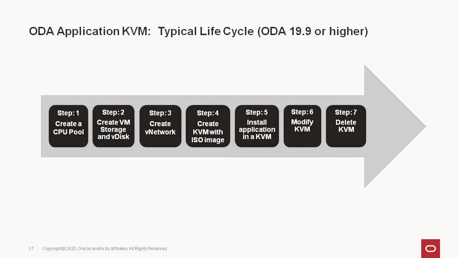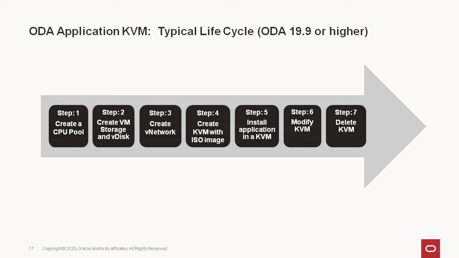Step 2 is you create a virtual storage, including virtual disks, for your application KVM. And then step 3, you create a virtual network for the application KVM. And of course you also need an ISO image, whether it's a Linux operating system or Windows operating system, to create the application KVM.